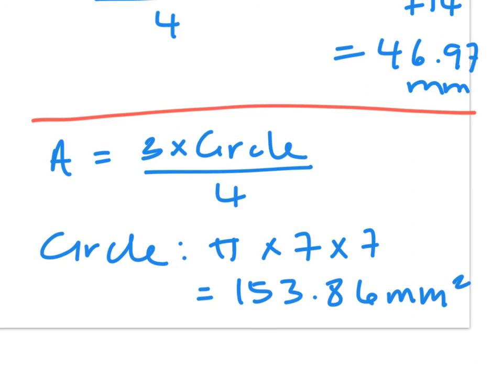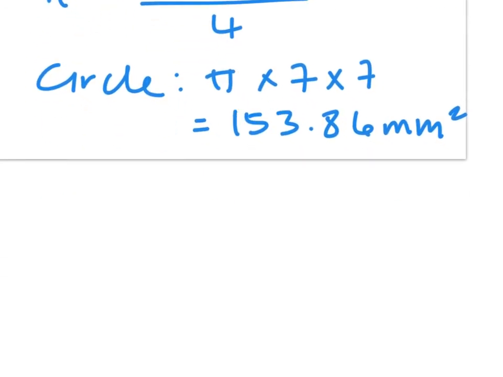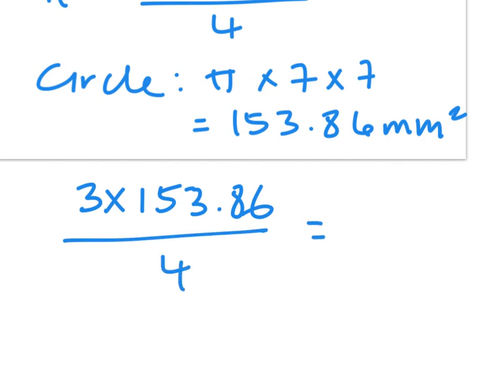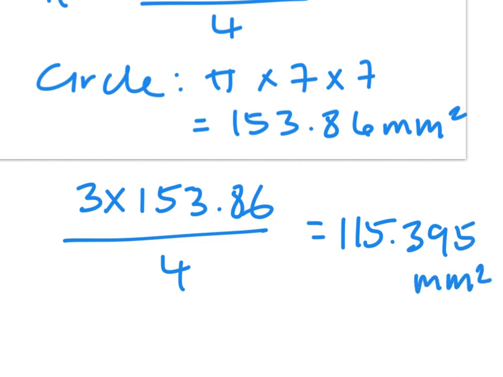If it was a full circle, that's what it would be. But we have 3/4 of the circle. So we do 3 times 153.86 divided by 4, and that gives you the full area: 115.395 millimeters squared, and we're done.